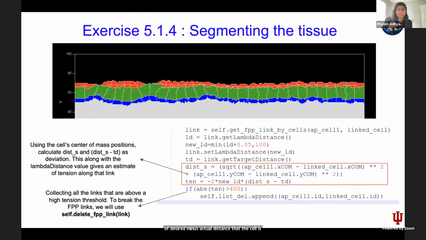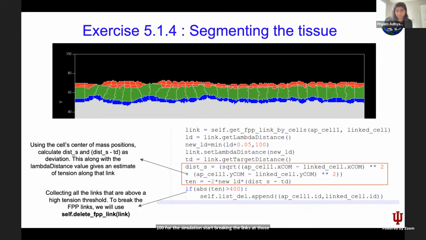If you're in a much more tense state, here I've put a cutoff value of 400, and you're actually going to play with this value and tell me what happens. If you have a tension value of, say, 400 for this simulation, start breaking the links at those positions.